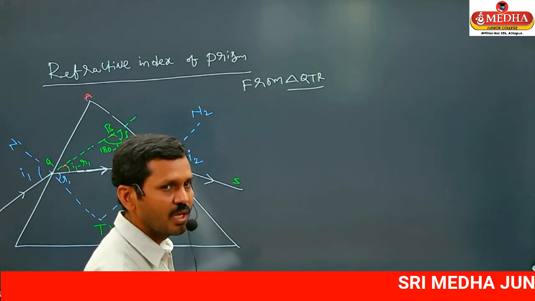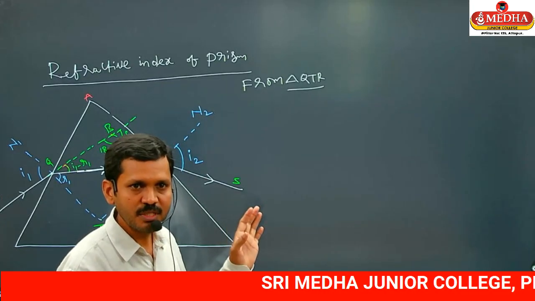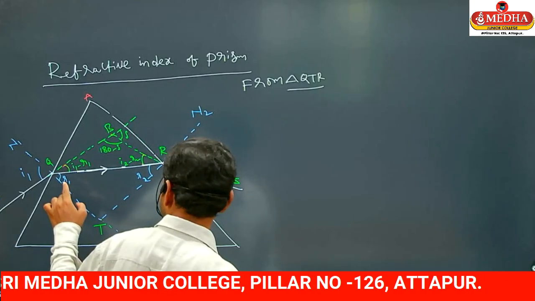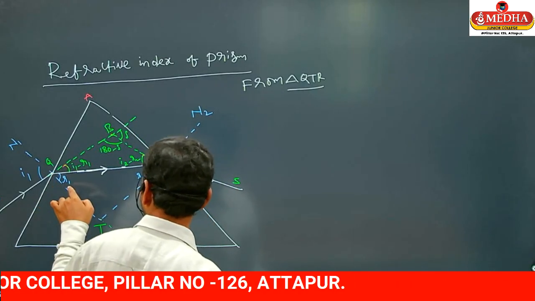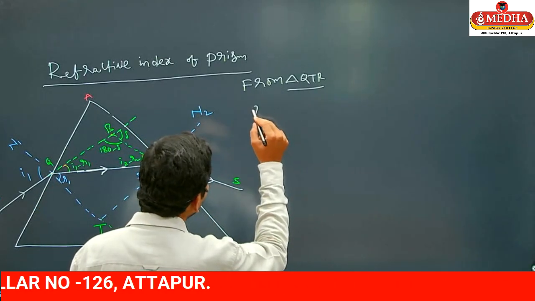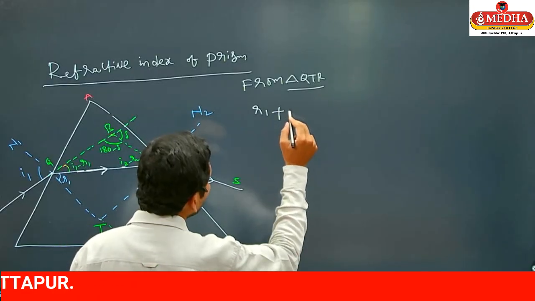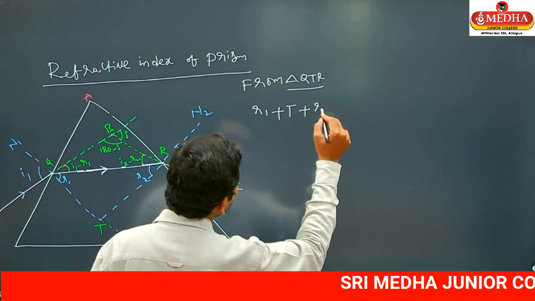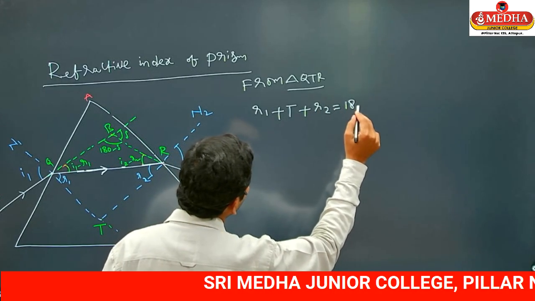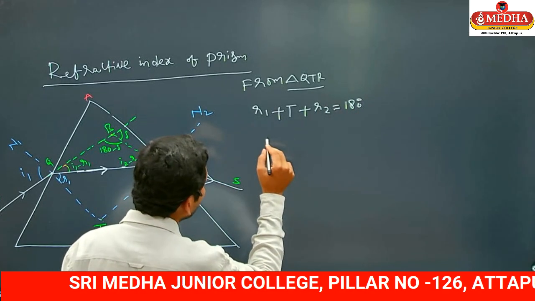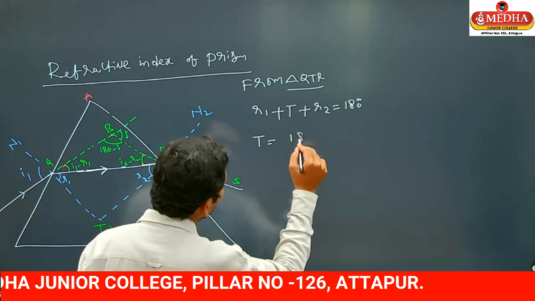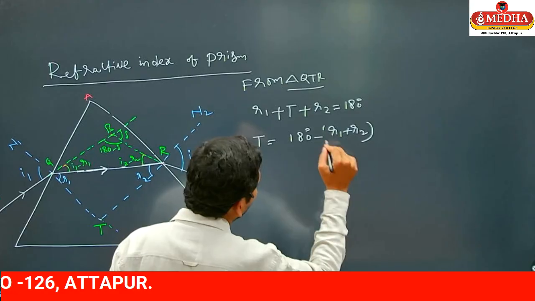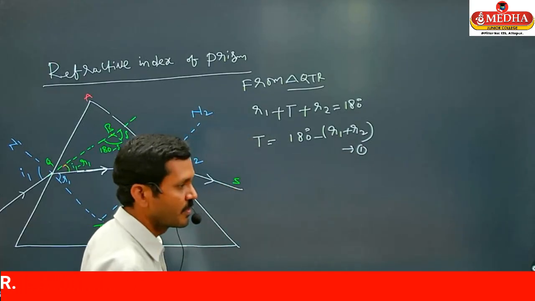We know the total of the angles in a triangle is 180. In triangle QTR, the angle at Q is R1, plus the angle at T, which we don't know and I am taking as T, plus the angle at R, which is R2, equals 180 degrees. From this, T is equal to 180 minus (R1 plus R2). This is equation 1.